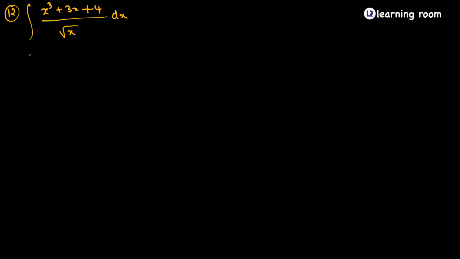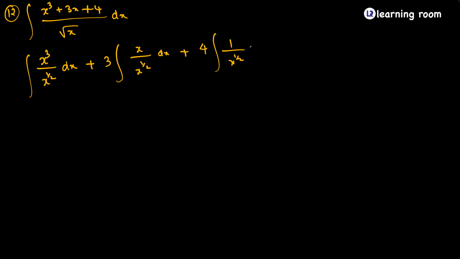Right. So it is going to be integral of, what are we supposed to do? X cube by x power half times dx plus 3 into integral of x divided by x power half times dx plus 4 into integral of 1 by x power half times dx.